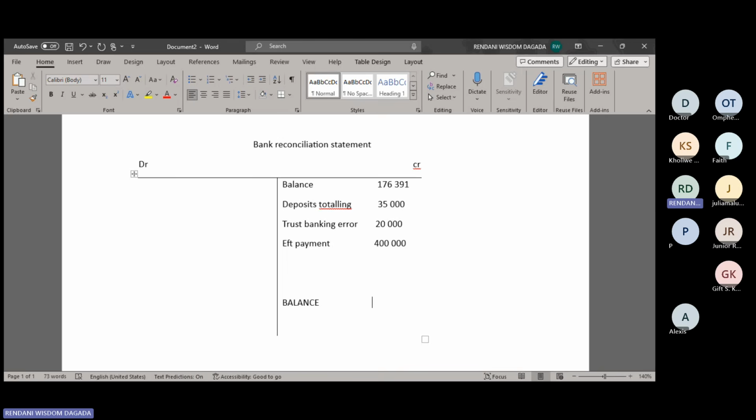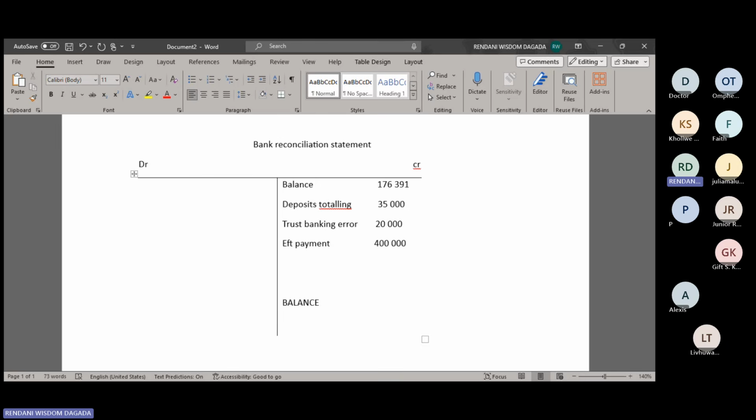We are going to add the 176,391 plus 35,000 plus 20,000 plus 400,000. The balance is going to be 631,391. That is supposed to be the balance for both sides. We use it as a balance for both sides.